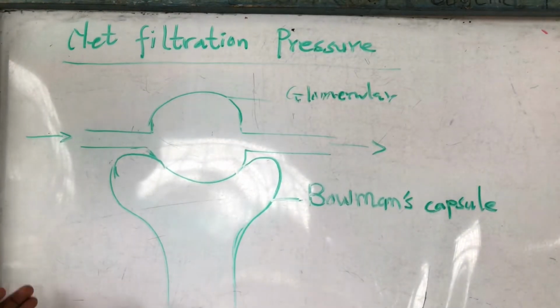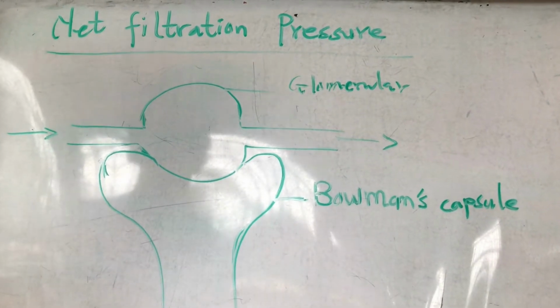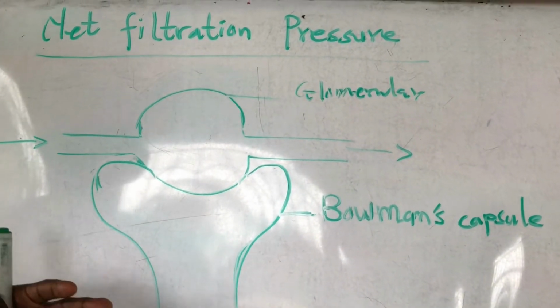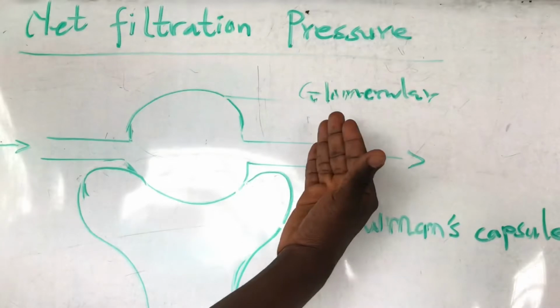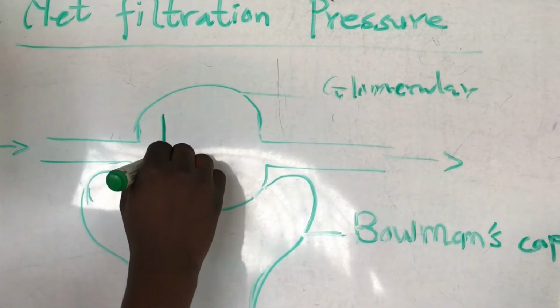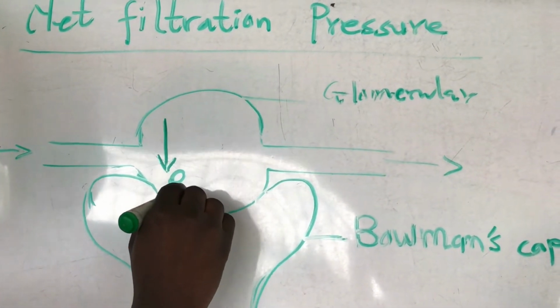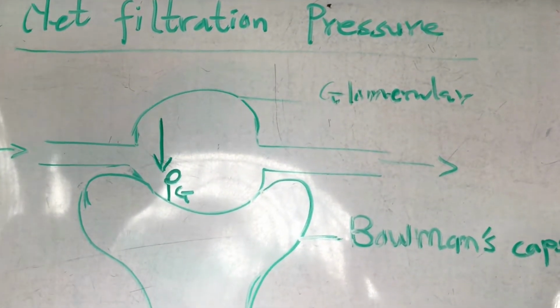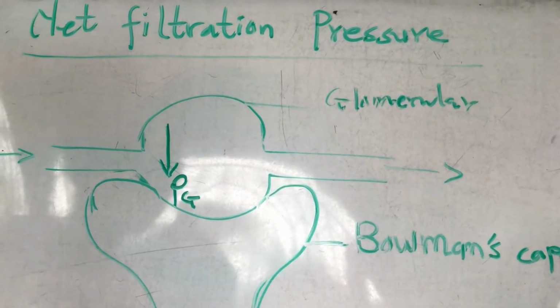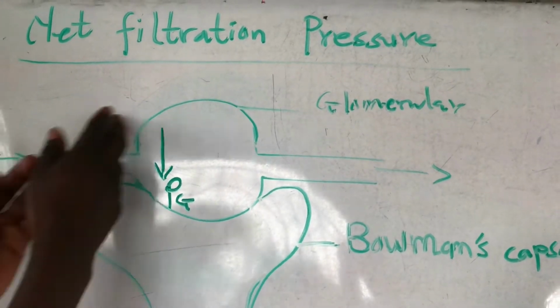As I said, the hydrostatic pressure is the force that pushes. Taking the hydrostatic pressure in the glomerular capillaries, it will push fluids downwards like this. This means that the hydrostatic pressure of the glomerular promotes filtration, because the fluid has to pass through.